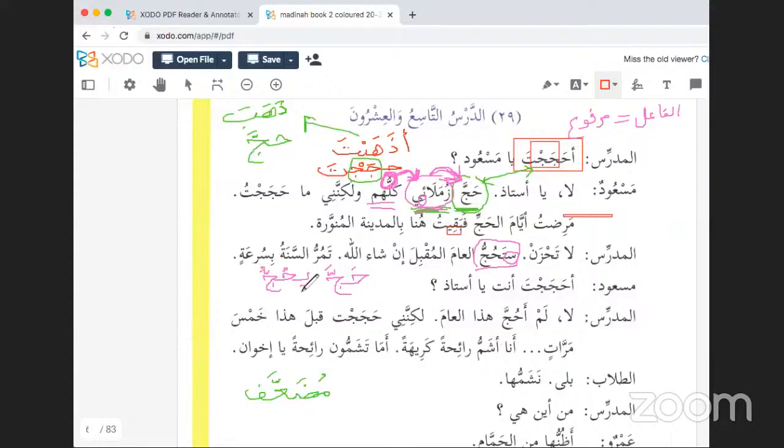Although the origin, if you were to break it down or open it up, you would say the origin is hajaja, yahjuju. Are we okay? Are we okay, brothers? Someone's got their microphone on. If you can turn it off, inshallah.